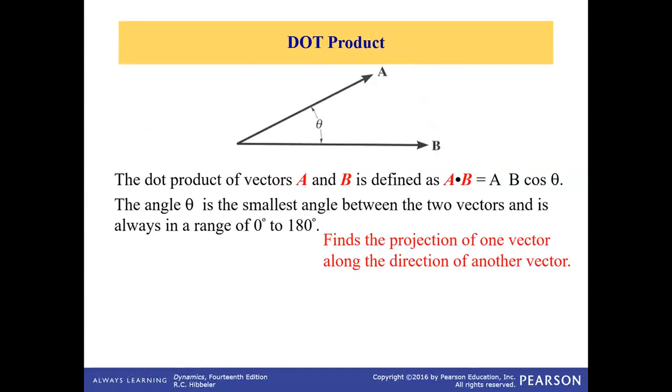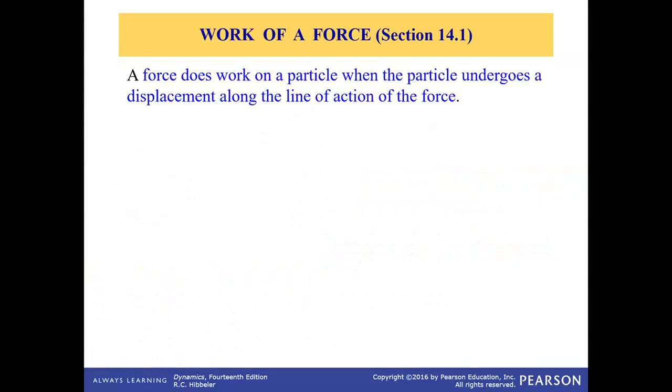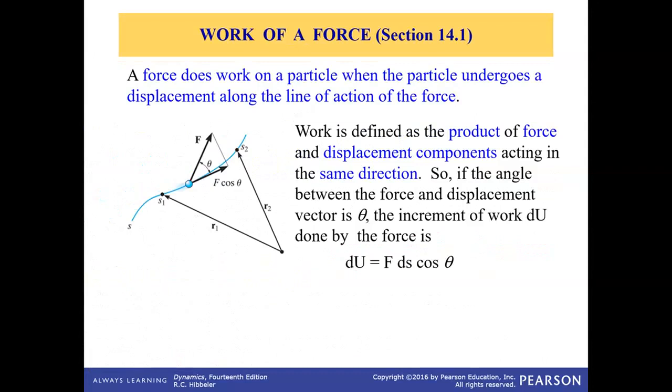Okay, so this is the quick recap of dot product. If there are two vectors A and B, then the dot product can be written as vector A dot product vector B is equal to magnitude of A magnitude of B multiplied by cosine theta. And when you apply the dot product concept to work done, then this is the formula for work done, F ds cosine theta.